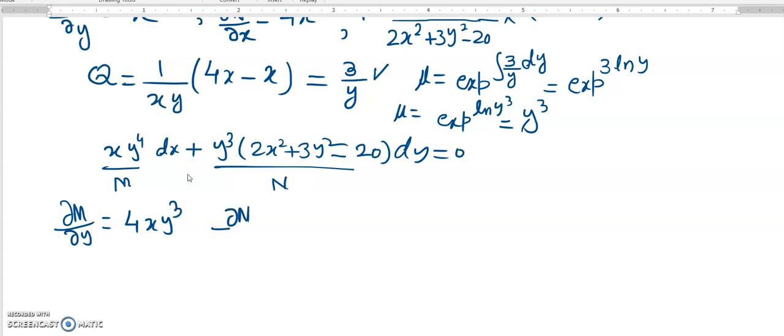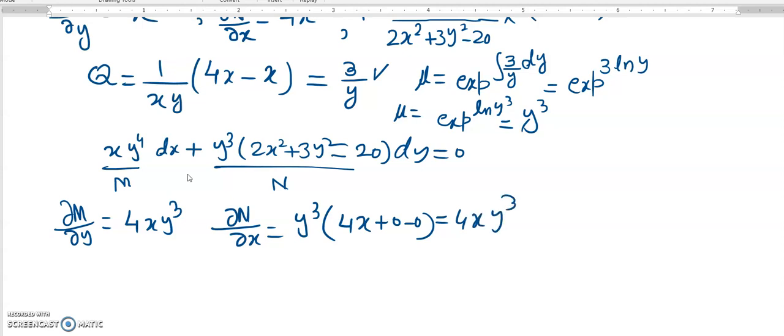Then partial N over partial x: because it is y cubed, y cubed will remain here, and inside it is as before, 4x, plus 0 minus 0, so it is 4xy cubed. Now you can see that the equation has become exact. So we will solve this equation in the next clip.